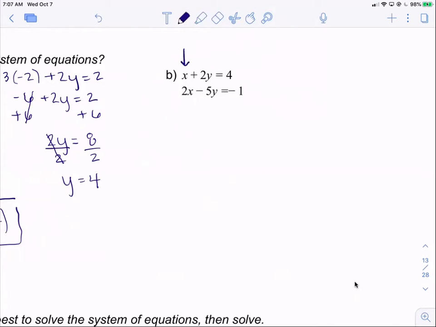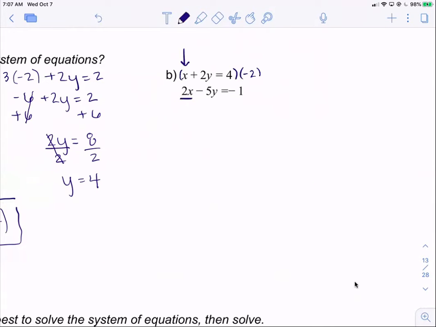Okay, so since we want to eliminate our x's, we want to find a number that we can multiply so that our equations will be able to cancel. Since we already have a 2x here, let's multiply the first equation by negative 2.